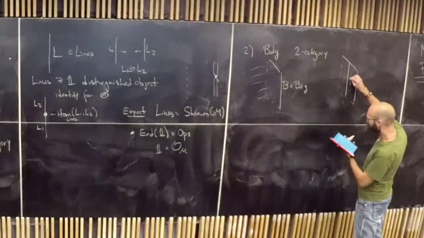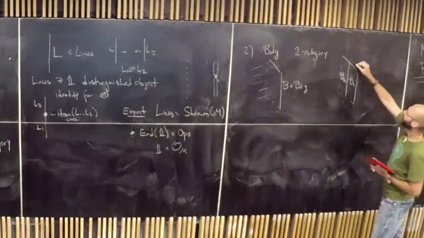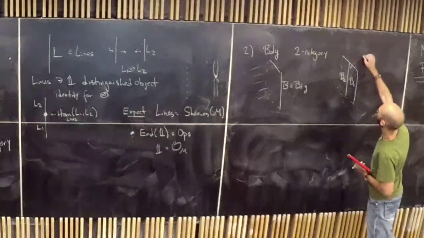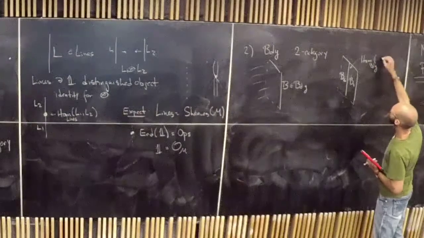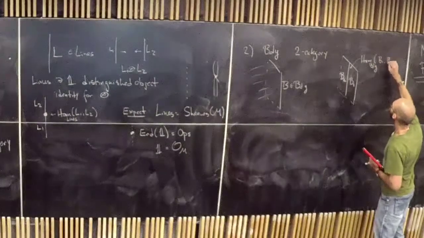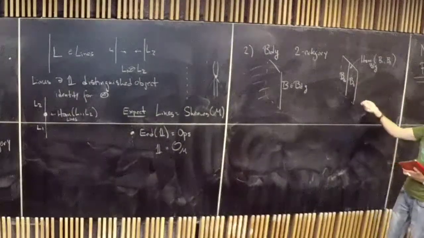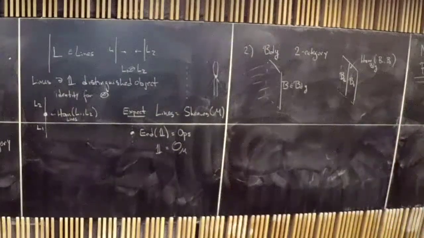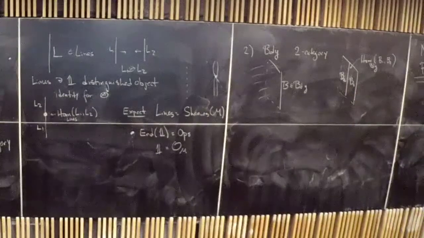I have B1 and B2 in some order. Hom in this 2-category consists of line-like things at an interface of B1 and B2.